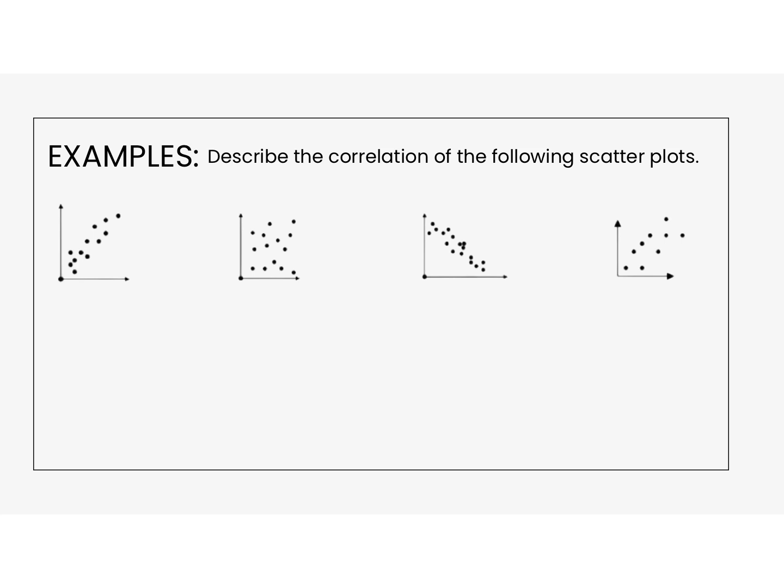So let's look at these examples. We're just going to describe the correlation of these points. So as x is increasing, y is also increasing. So that is a strong positive correlation. Okay, with the second one, they kind of just look like they're all over. So that's no correlation.